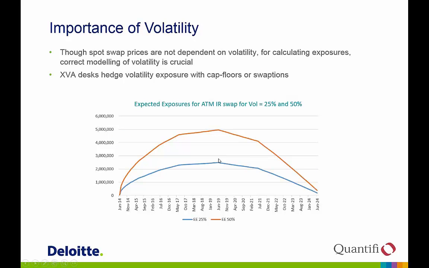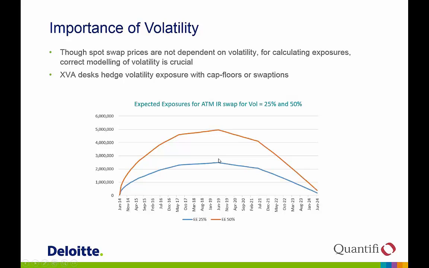And just to prove this, these are not paths, these are already expected exposures. Two expected exposures, one for 25% volatility, another for 50% volatility. As we expect, doubling volatility basically doubles this expected exposure. That's because this is an at the money trade and this is a flat rate, so basically we have the effect of an at the money option which is almost linear with respect to its volatility.